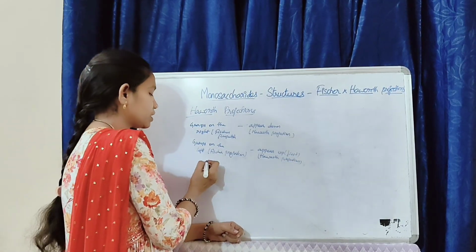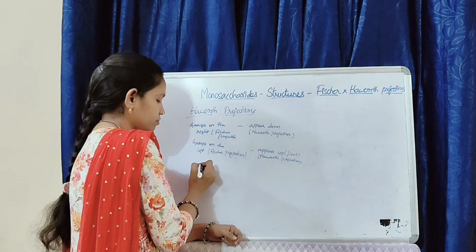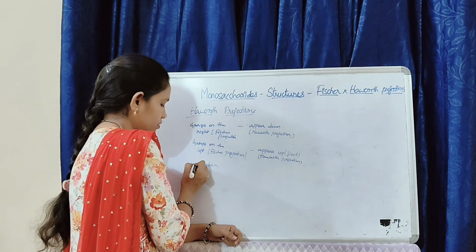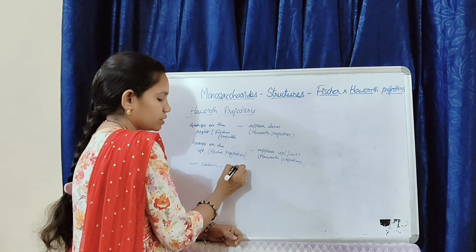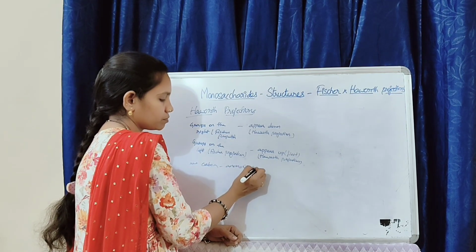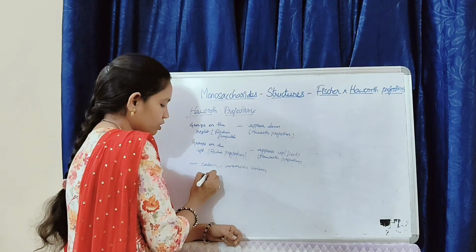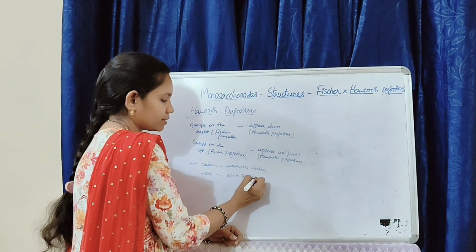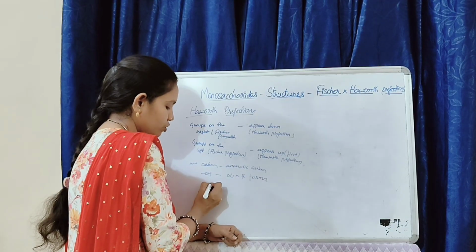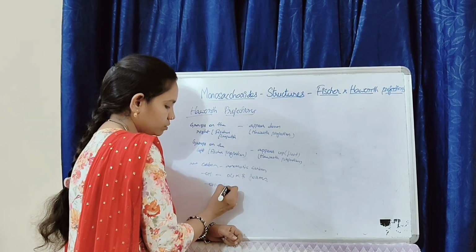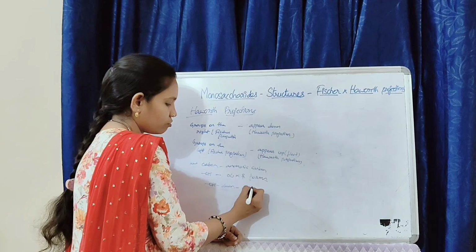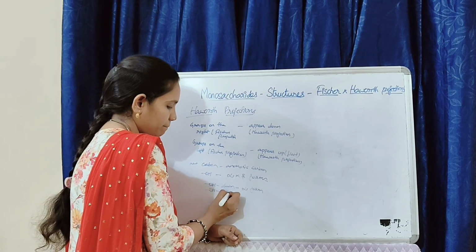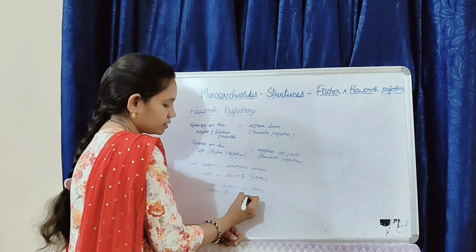Then after ring closure, a new carbon called the anomeric carbon is formed, based on the hydroxyl group position. It is called alpha and beta forms. Let's see. If the OH group is down, then it is the alpha form. If the OH group is up, then it is the beta form.